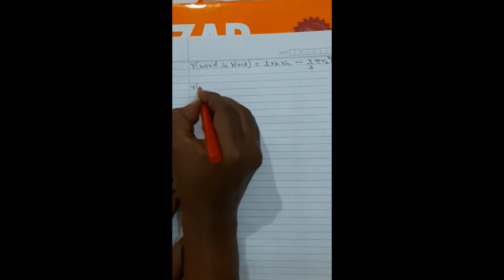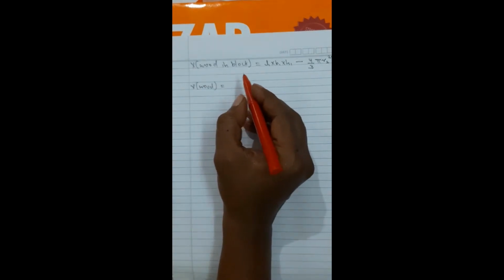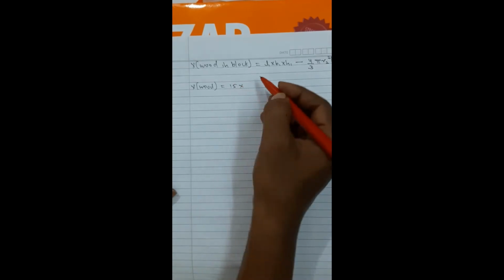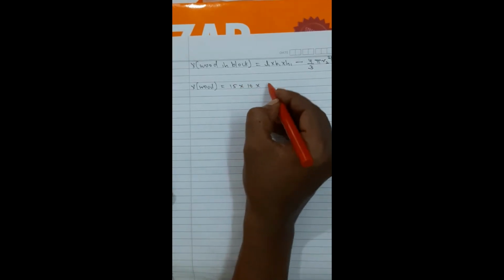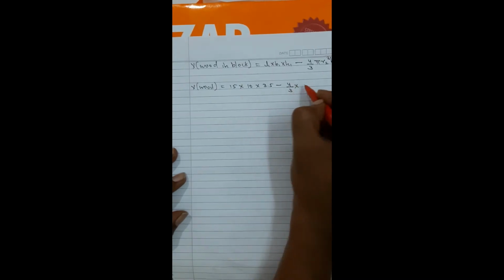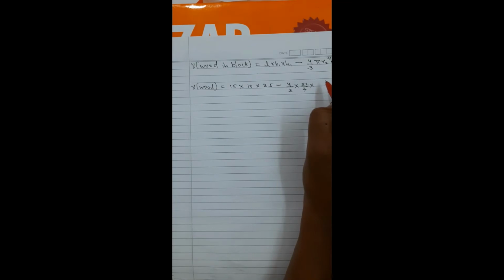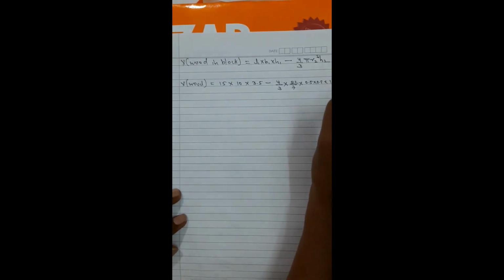Therefore, volume of wood is 15 into 10 into 3.5 minus 4 upon 3 into 22 upon 7. Nothing is given, that means 22 upon 7. R2 square, radius is 0.5 into 0.5, into H2 which is 1.4.